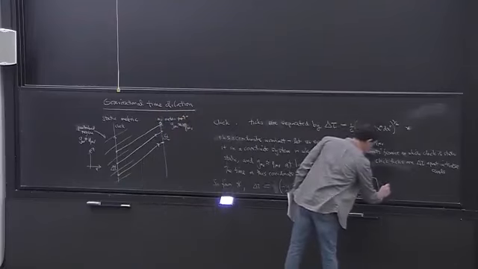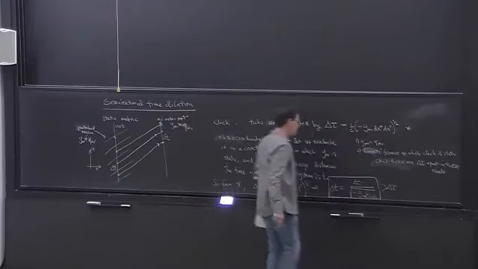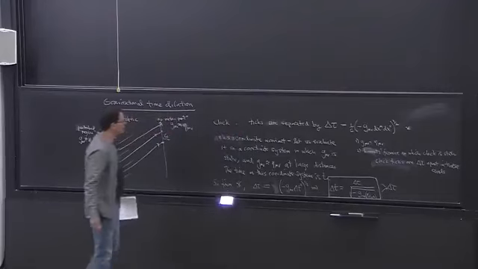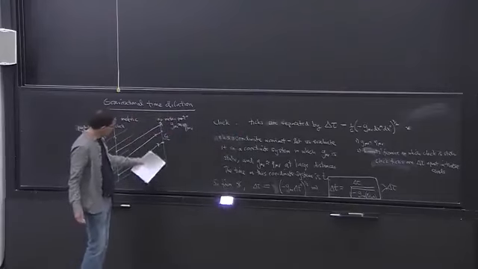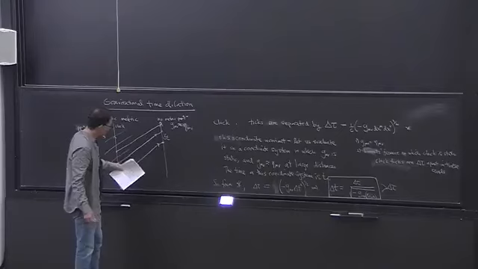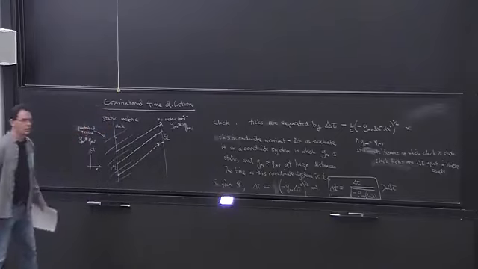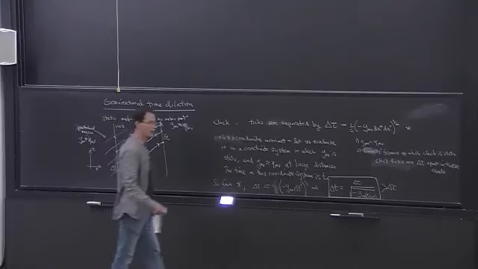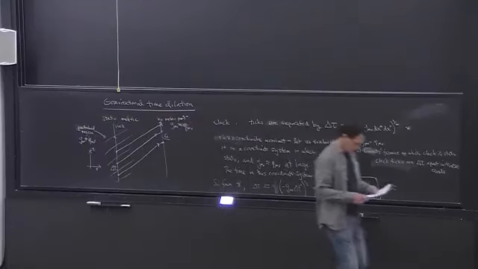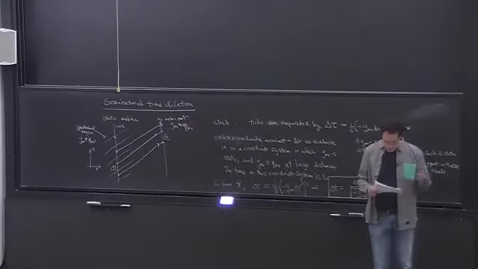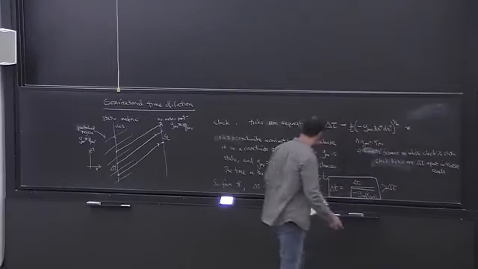So this is greater than delta tau, and that's why it's called time dilation. You will see a larger interval at infinity between the ticks of the clock than somebody who's sitting in the gravitational field does.